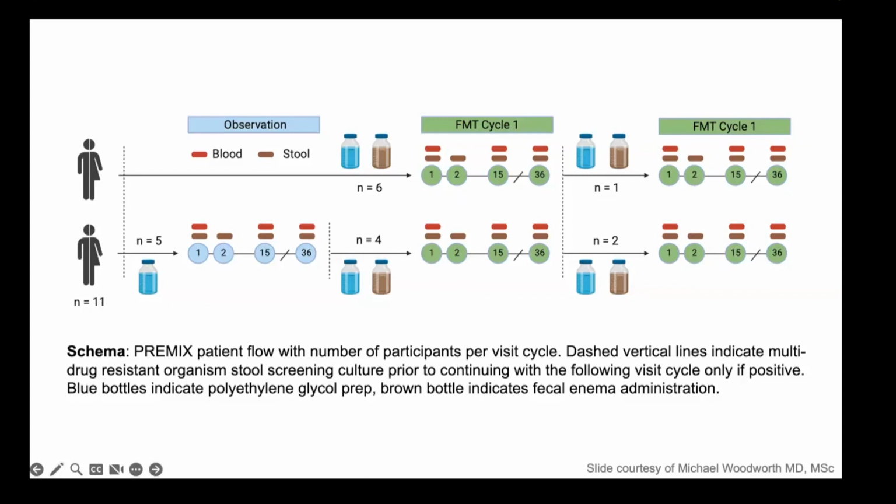They were then observed for a period, and then were eligible to receive up to 2 FMT cycles. So if you underwent an FMT cycle and were still colonized by the end of the observation period, which was 36 days, so you see 6 here that were MDRO colonized, they went through the FMT cycle, and if they were still colonized, they were then eligible for another FMT.